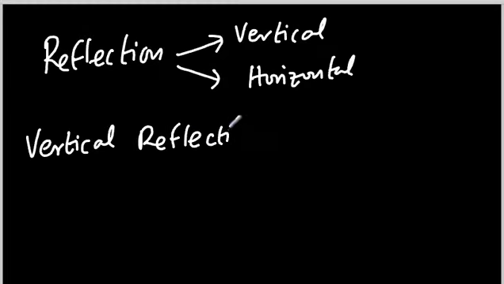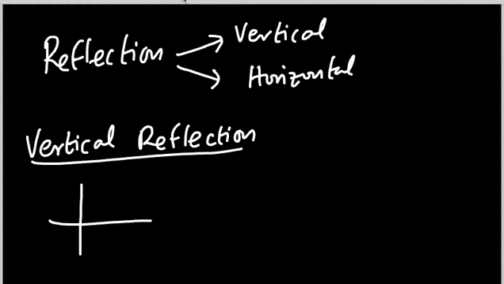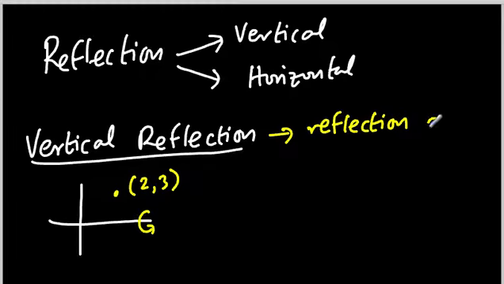And what it is, let's say you have a random point, let's call that point (2, 3). A vertical reflection means that we're going to reflect it across the x-axis. This right here is the x-axis. So this is known as a reflection across the x-axis.